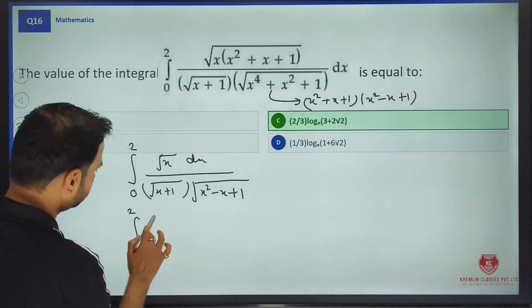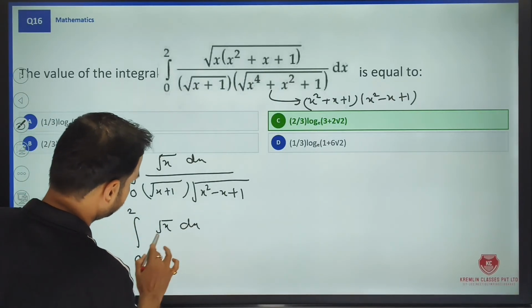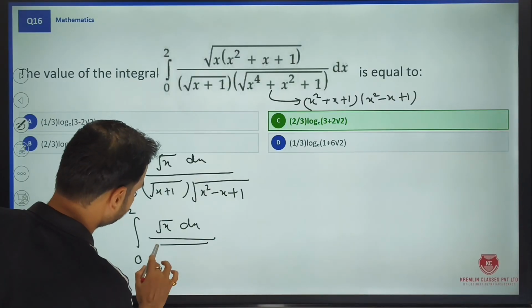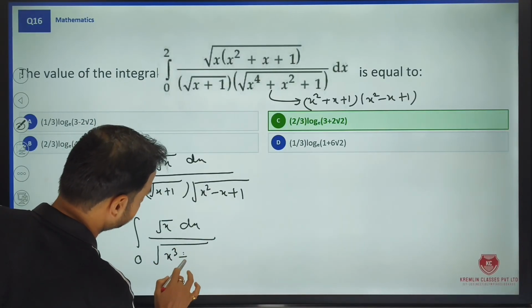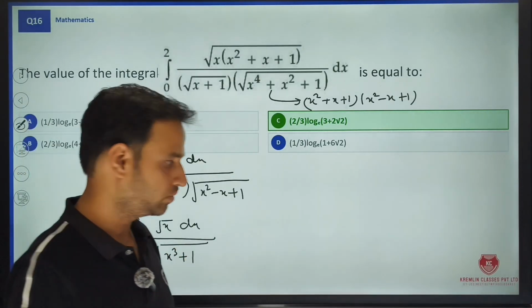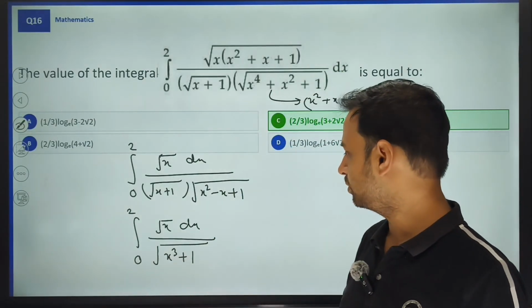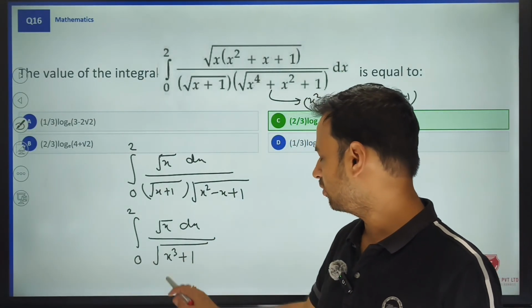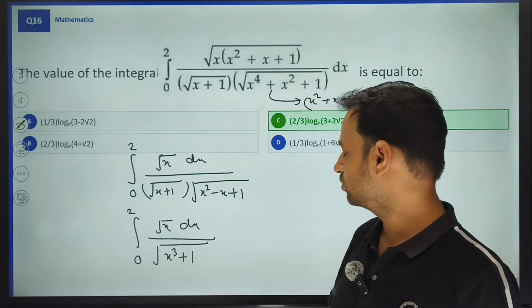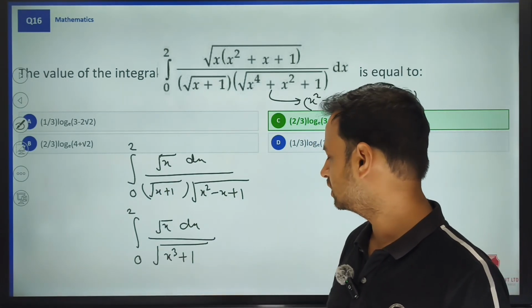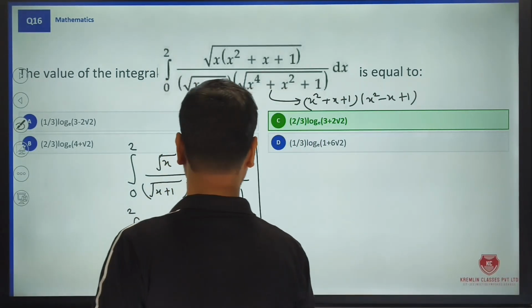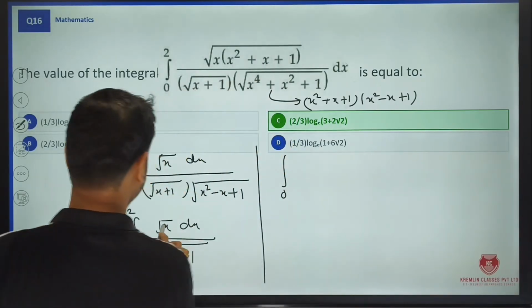So again I am writing it, root x dx upon root of a cube plus b cube. And now what we are seeing here is root x. So we can clearly write it again, 0 to 2, this is root x.